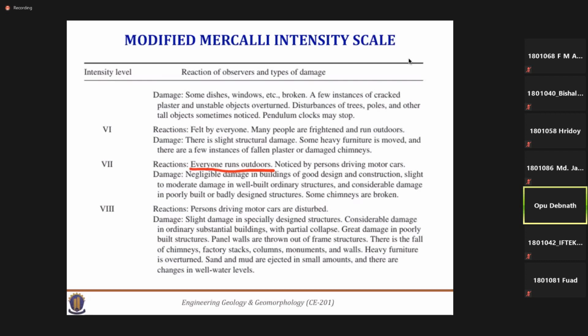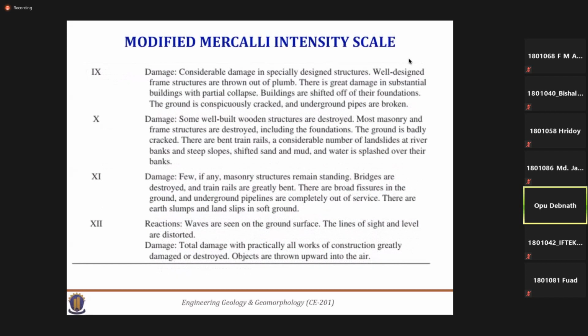Thereafter intensity levels 8, 9, 10, 11, and 12. And the last one I am discussing is intensity level 12. The people's reactions: waves are seen on the ground surface. That means a visible wave.